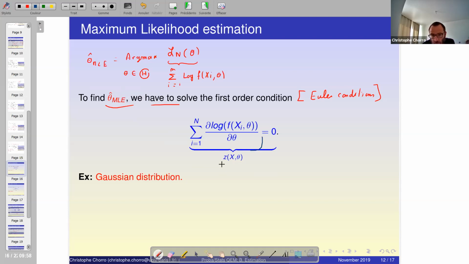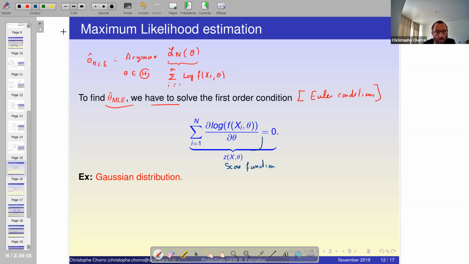So, the sum of the derivatives with respect to theta of the logarithm of the density function at the point xi, it's what I will denote by Z(X, theta), and it's something that we call the score. The score function is just the mapping that I have to make equal to 0 in order to solve the Euler condition in the previous approximated optimization program.